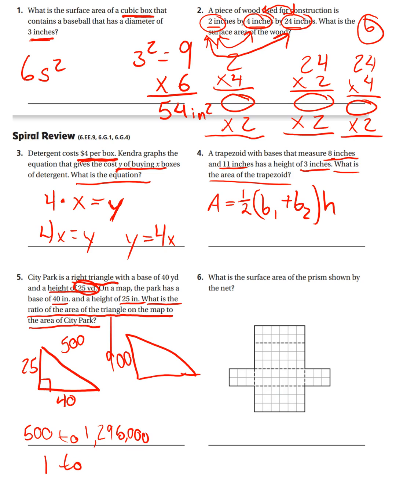Let's work out the math. We don't have a lot of space here. 500 into 1,296,000.